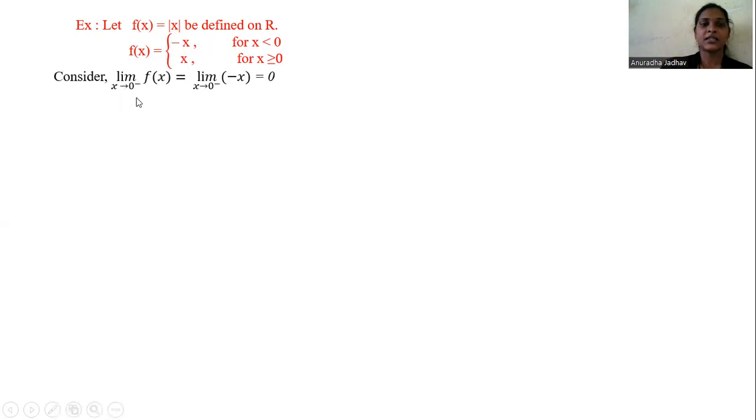Consider limit as x tends to 0 minus f of x, which is equal to limit as x tends to 0 minus, and here we put the value of f of x as minus x.